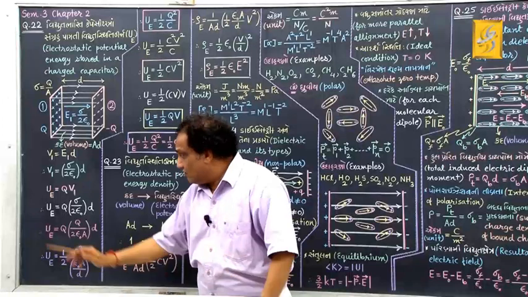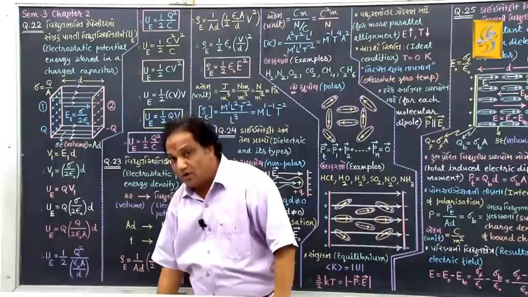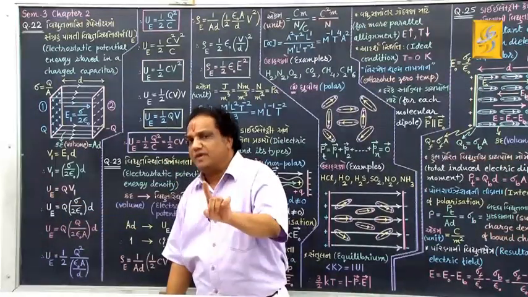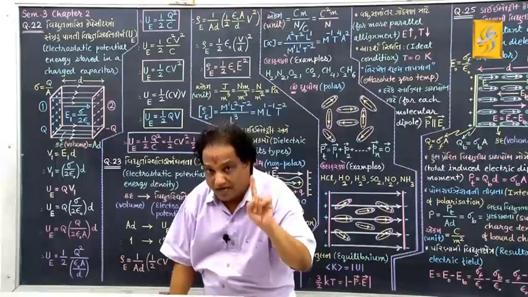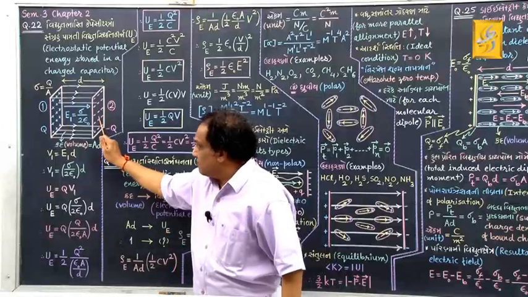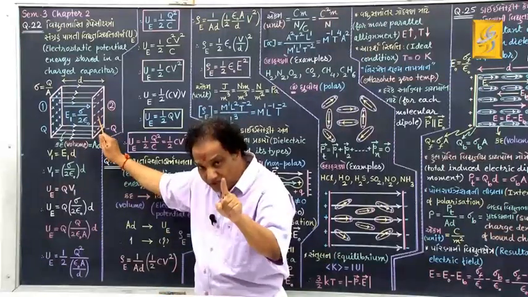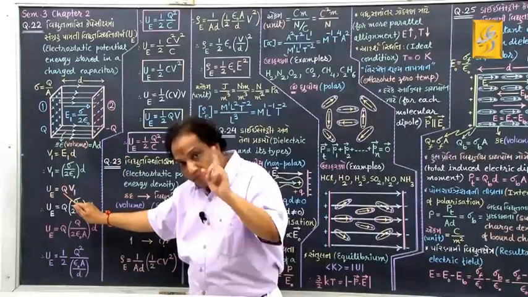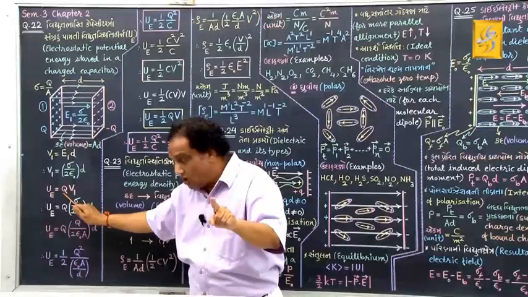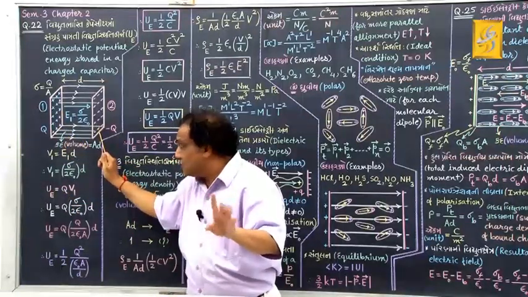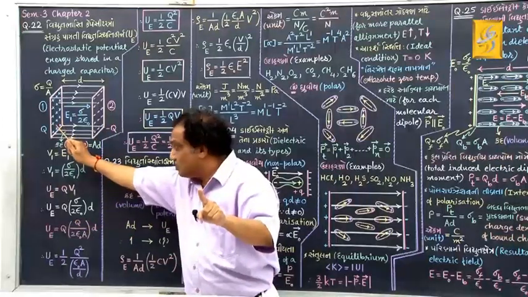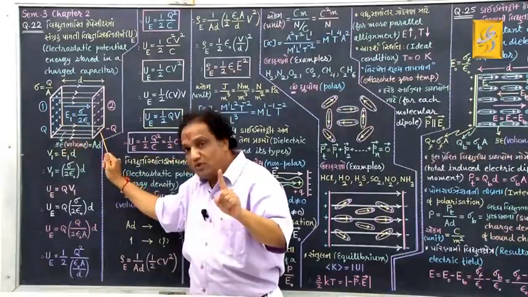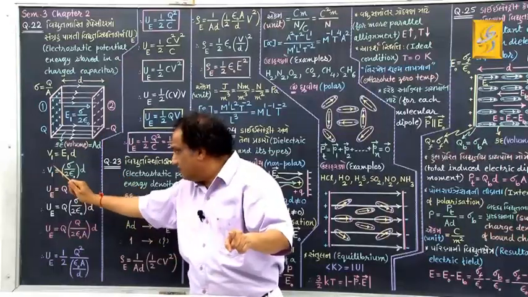And then what was the formula for electrostatic potential energy? Simply speaking, it is charge multiplied by potential. The magnitude of charge of this plate, which is capital Q, multiplied by the potential of this plate at this position, the electric potential developed because of the positive charge plate at this very position, and that is V1.